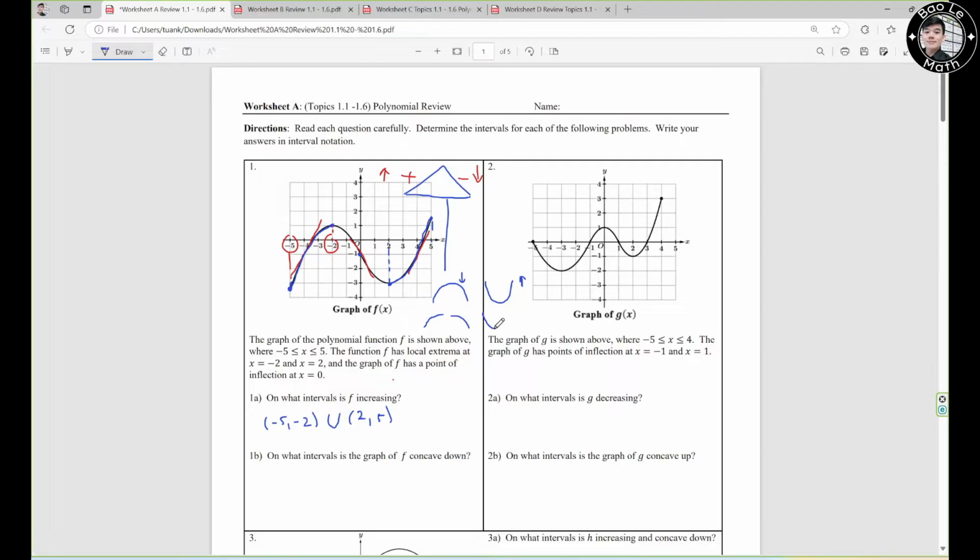This guy like this or like this is concave up, right? So we look at this one, it's going to be from -5 to 0 right here, right? The function is concave down, so it could be -5 to 0.